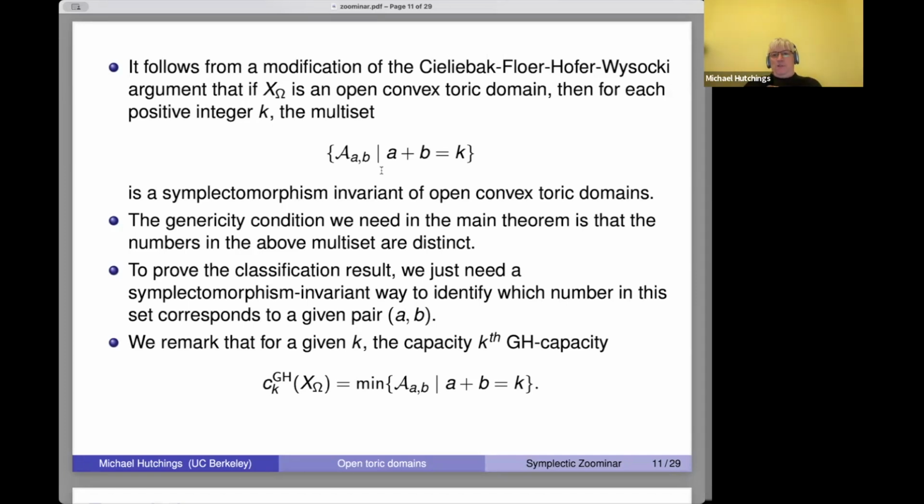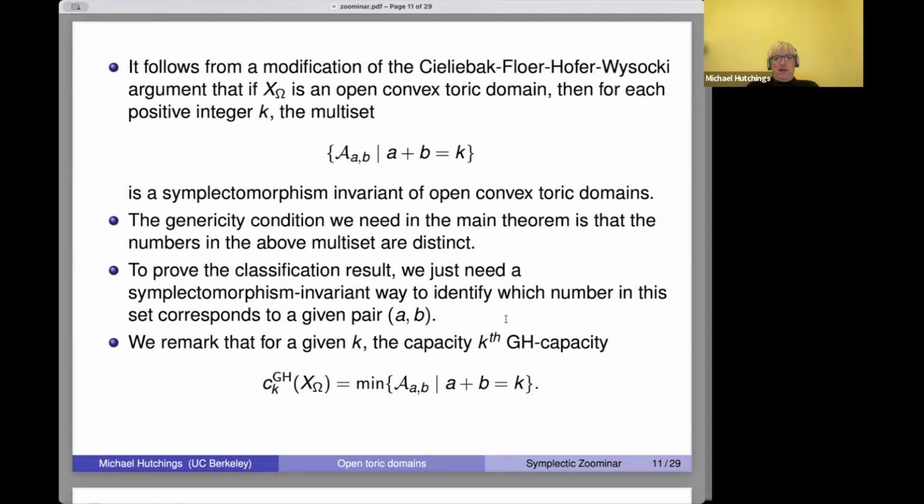So if we want a classification result, this isn't quite good enough, because the symplectomorphism invariant is just a list of numbers, and I don't know which number corresponds to which orbit. So I actually need the function sending the pair AB to its action A_AB. It's not enough to just know the set of values of that function.